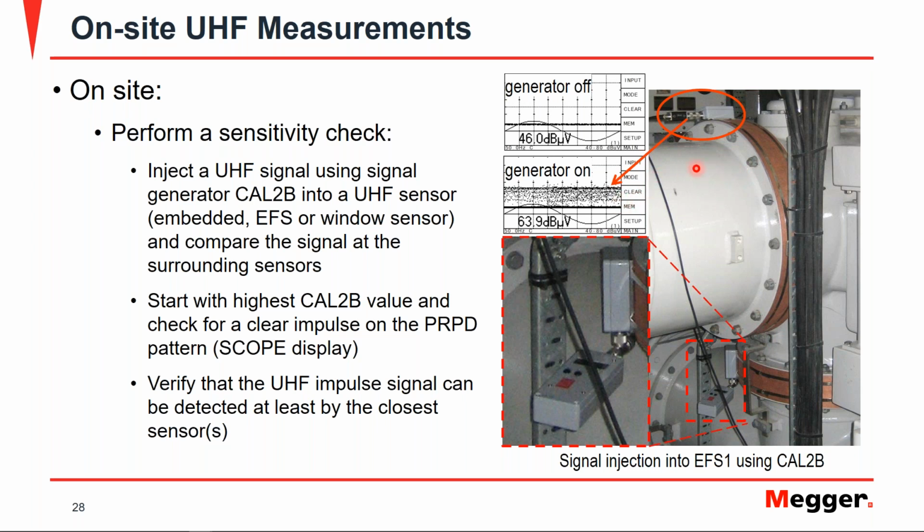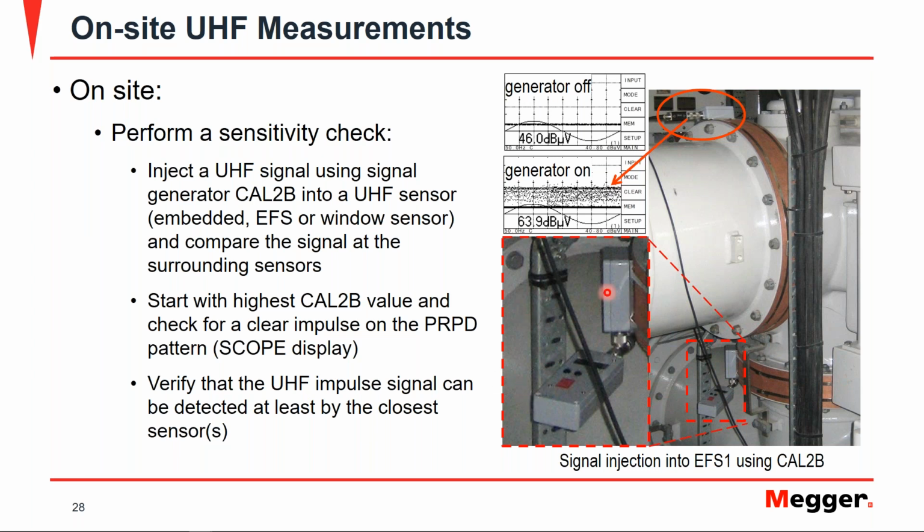What I mean by that is, if we look at the image on the right here, we can see that we have our impulse generator down here attached to an external flange sensor. We can see the external flange sensor installed here. We have our impulse generator, and the image has been blown up here.